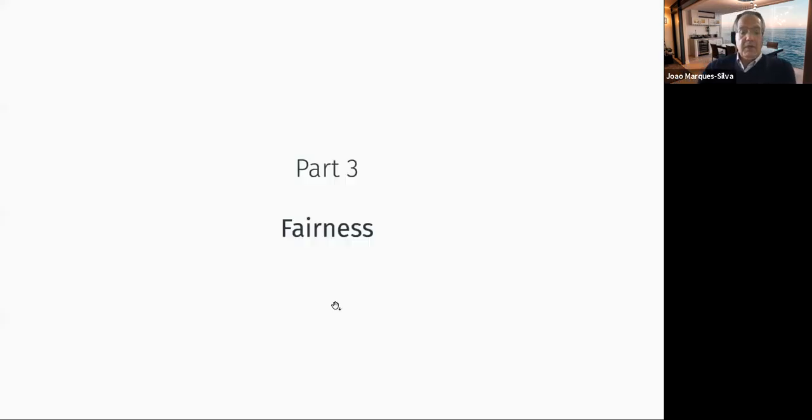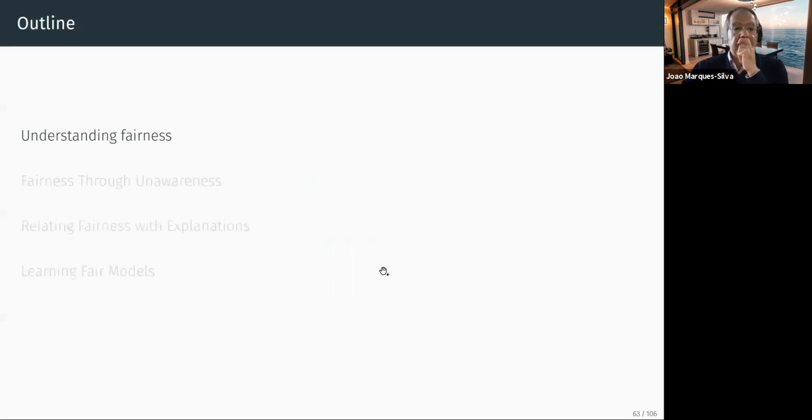Okay, very well. The third part is on fairness. This is work we did this year, and it came as a surprise because first we are going to analyze a concrete criterion for fairness, which I'm going to talk about shortly. But what we noticed is that there is a connection between fairness and explanations as well.